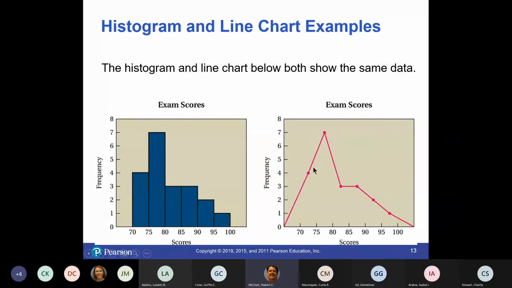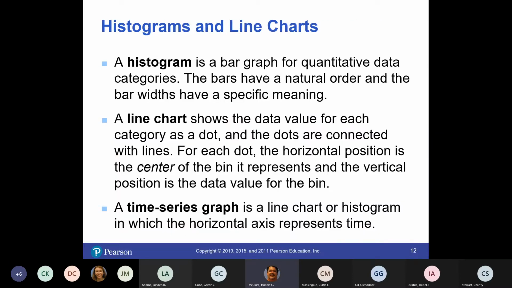It's easier to see the difference or the rate of change with a line chart versus a histogram or bar chart. This is my preference. I would rather use this in a math class than anything. On the previous slide, there's a line chart right there.